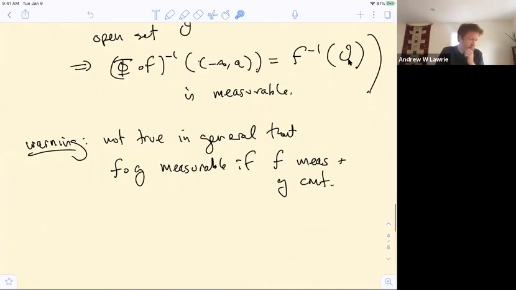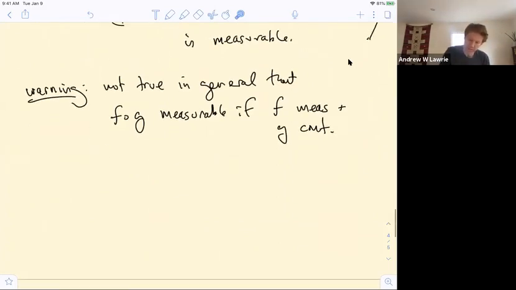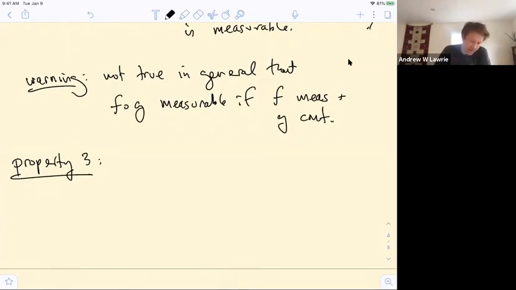Okay, property 3 is that measurability is preserved under taking sequences.